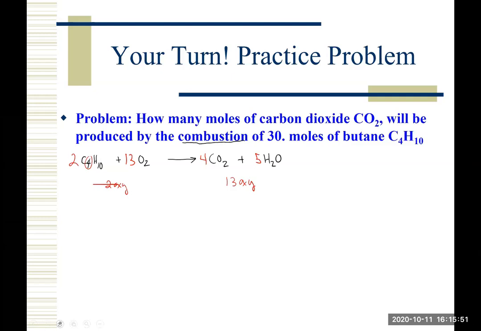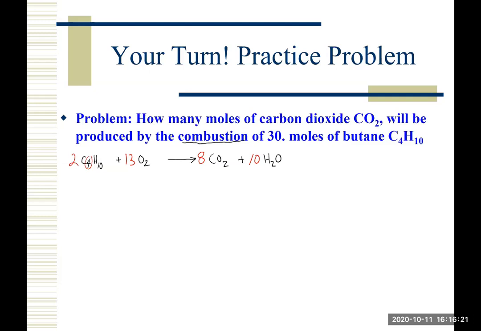And 2 times 4 is going to give us 8 in front of the CO2. And 2 times 5 is going to give us 10 in front of the H2O. And now we have a balanced reaction equation that we can use to solve this problem.